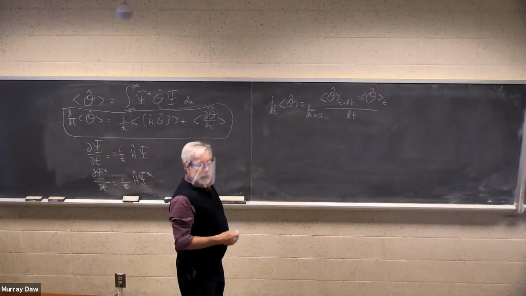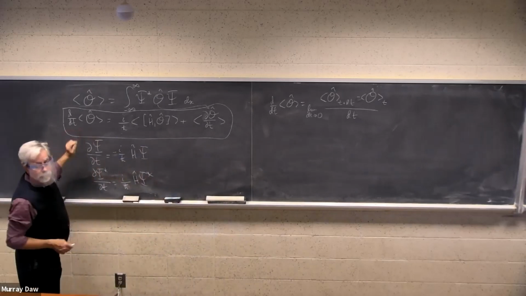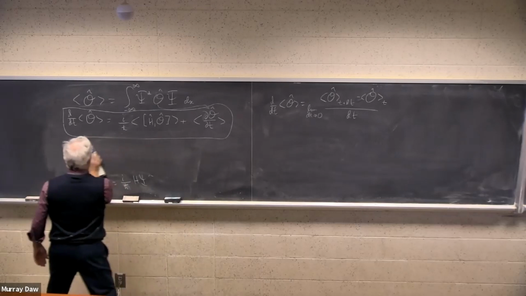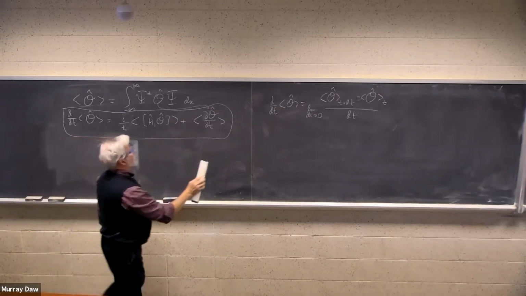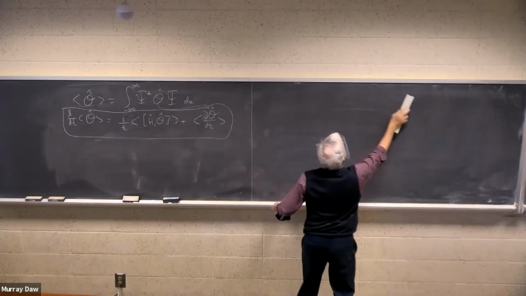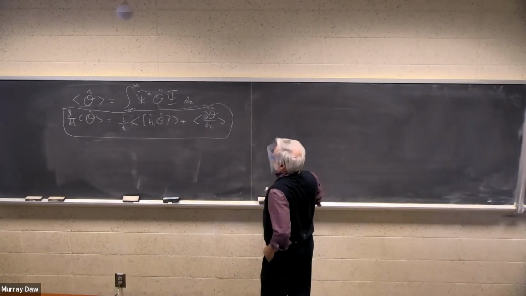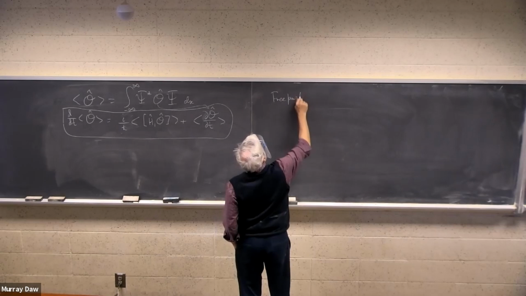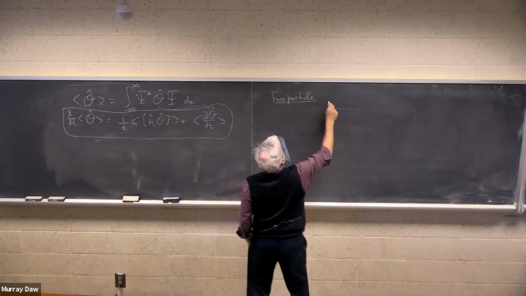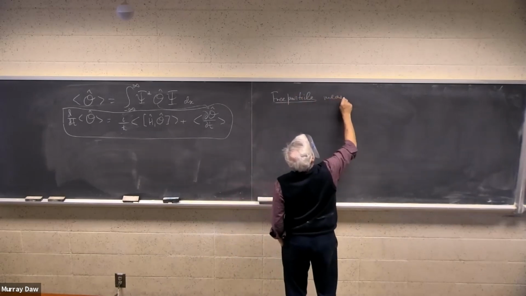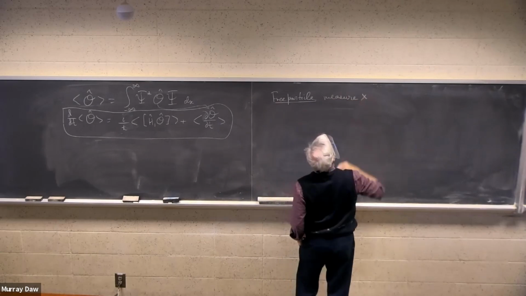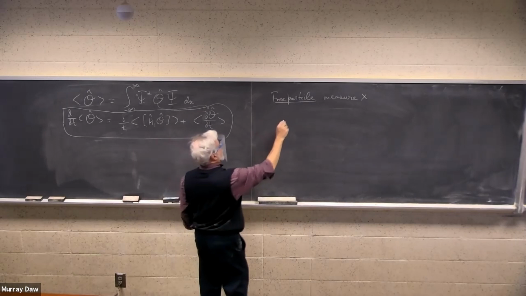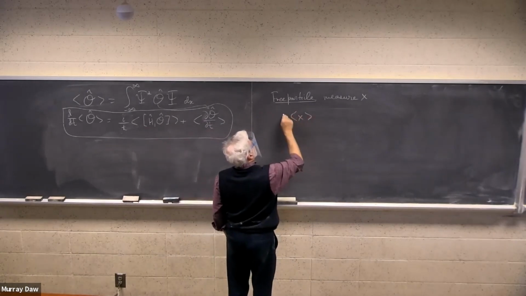Okay, so now we're going to apply this theorem, and we're going to get a very interesting result from this. So let's suppose we do a free particle and we're going to measure x. Get the ensemble average of x.